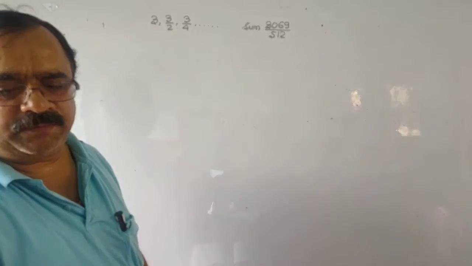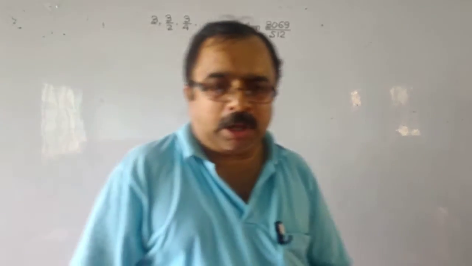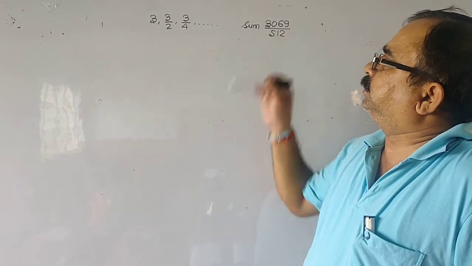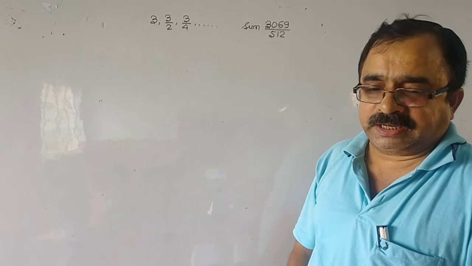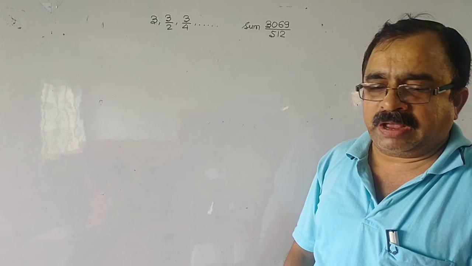How many terms of the GP are to be taken to give the sum 3069 upon 512?